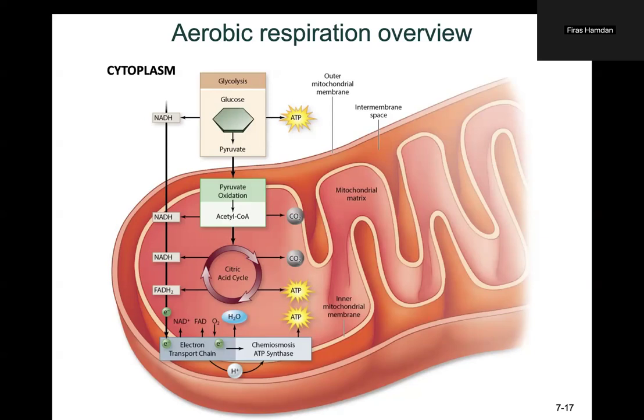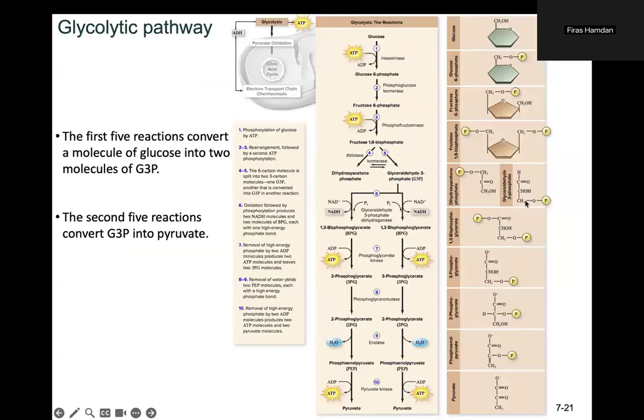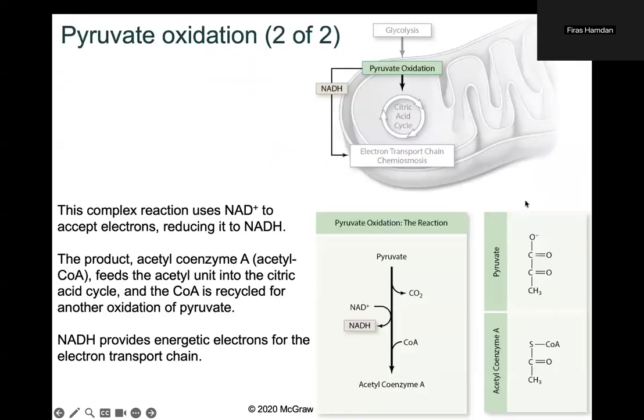So we need to recycle them back. If not, we deplete our reserve of NAD. And that again is dangerous because now we don't have anything that's going to accept electrons, and electrons can move freely all around. This can really be a huge issue. So what happens? Now if we go all the way here.